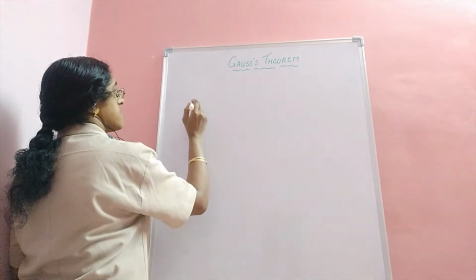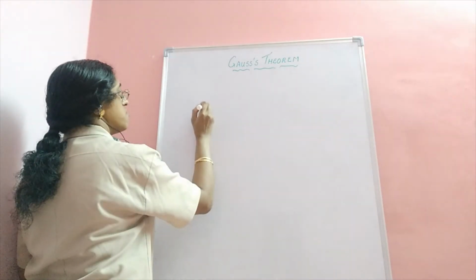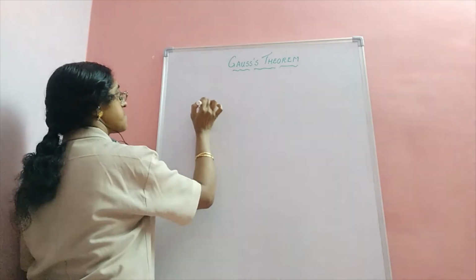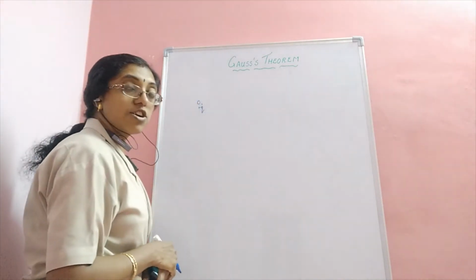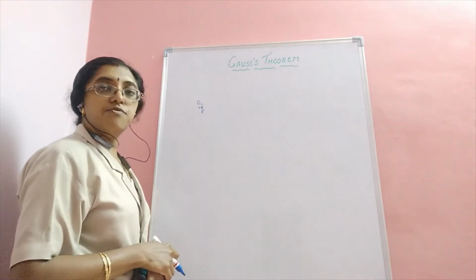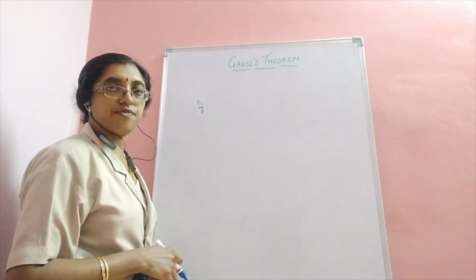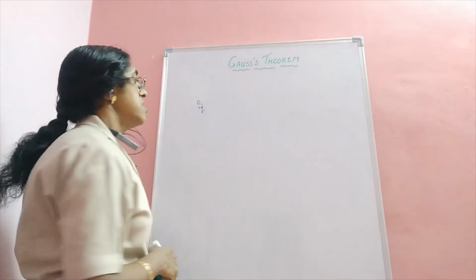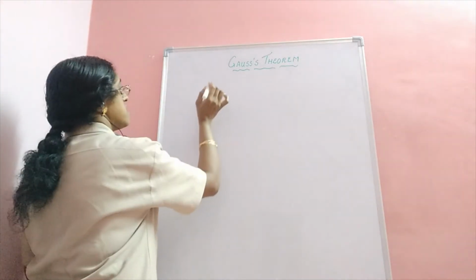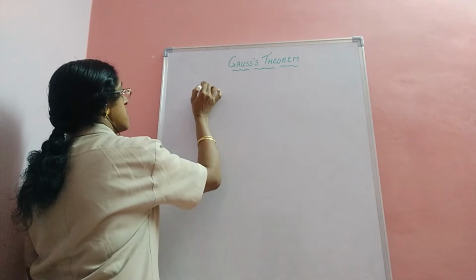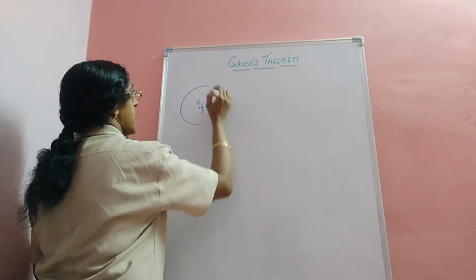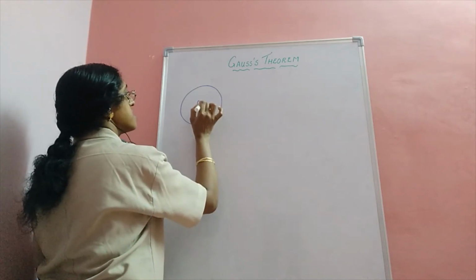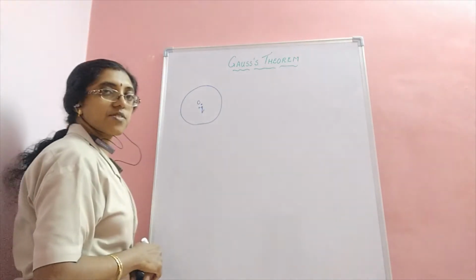Let me consider that there is a charge Q placed at the point O. Now, in order to apply the Gauss theorem, we need a Gaussian surface, that is an imaginary closed surface. I'll imagine a Gaussian surface in such a manner that this charge Q is at the center of this surface, right?